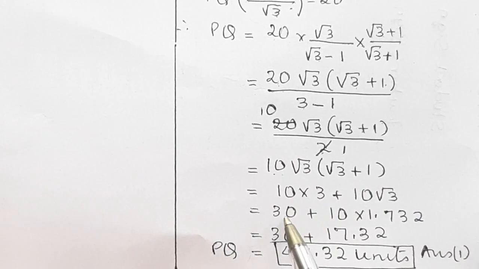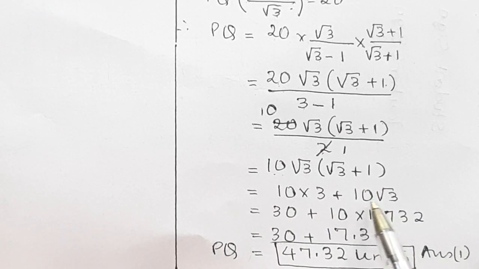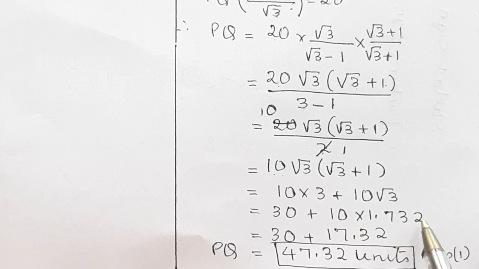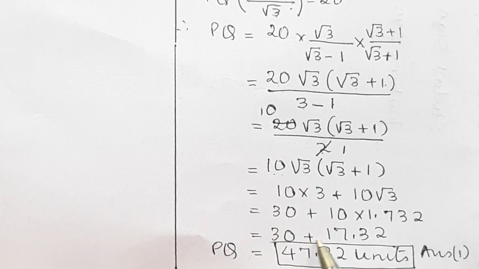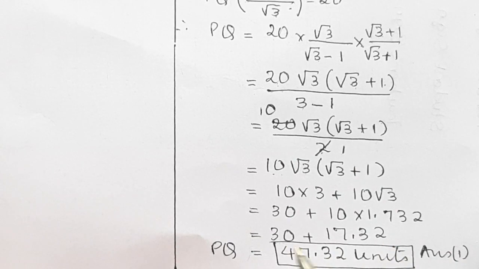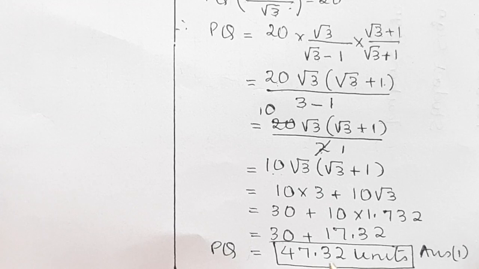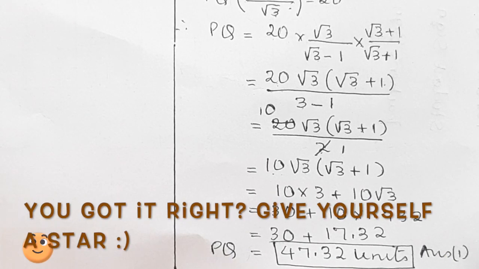Now 10 into 3 is 30. And 10 root 3 becomes 10 into 1.732, which is the value of root 3, and so we have 30 plus 17.32. So 30 plus 17.32 gives us 47.32 units. And that is our first answer where they asked us to find PQ.